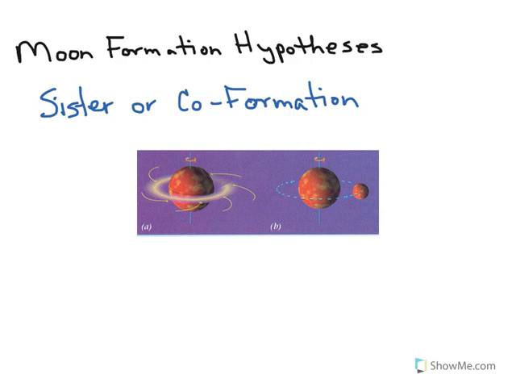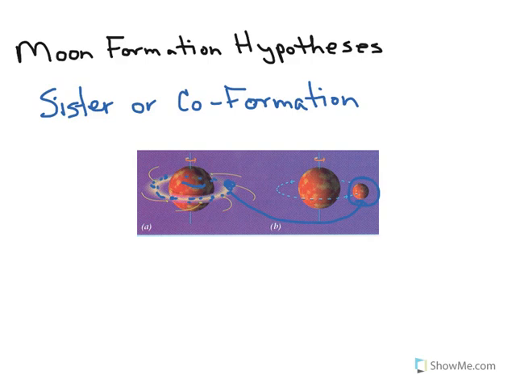So Earth is forming, it's pulling material in, but it has this disk of material that has developed out of the material that was forming into the Earth. And the material in that disk starts to clump together, and accretion occurs, and that builds up into our moon.